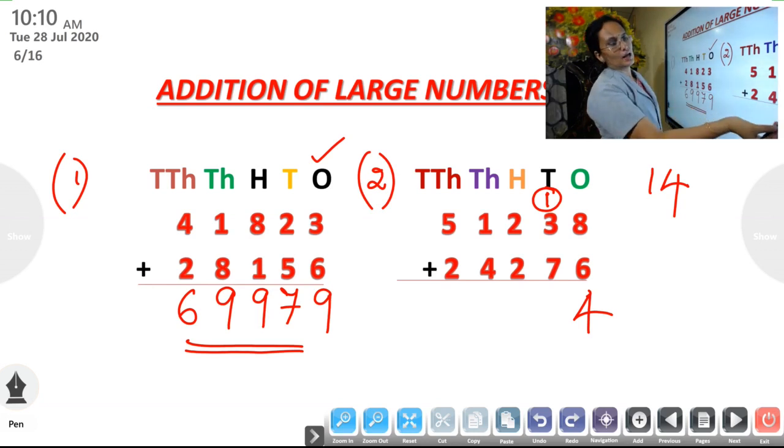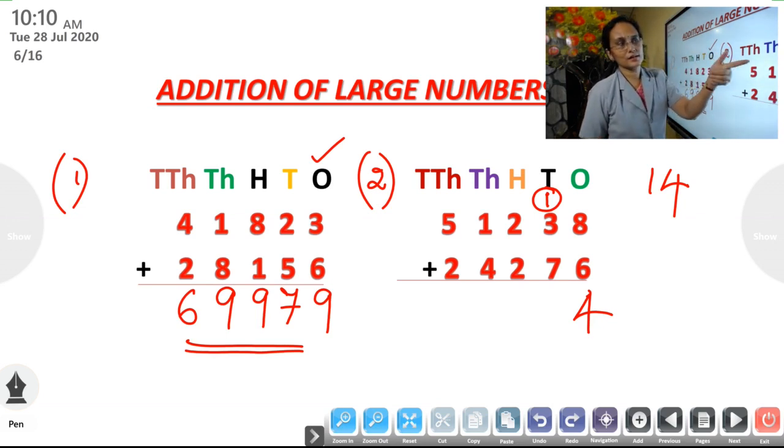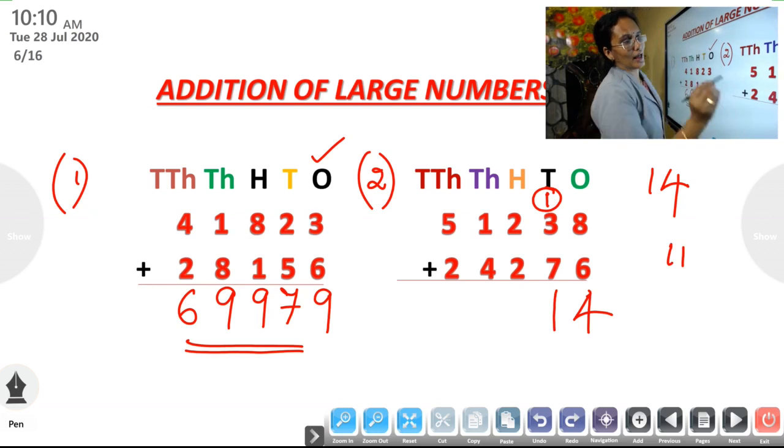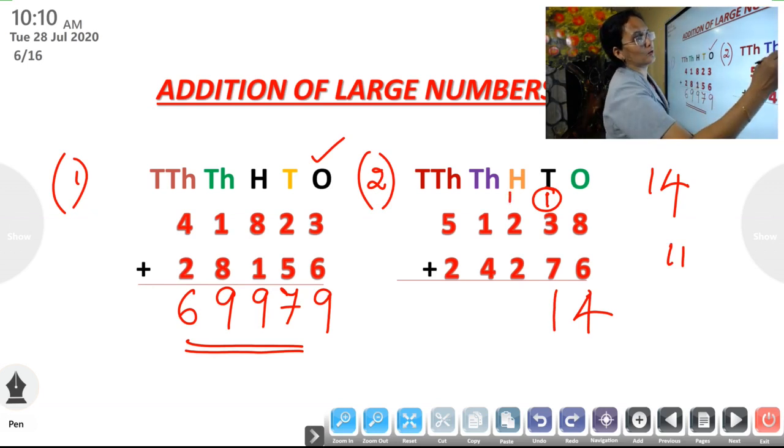Then I am starting from the largest number 7. 7 plus 3. 7 in your mind. 7, 8, 9, 10. 7 plus 3 is 10 plus the carryover 1. So that becomes 11. 11, what you will write? You write only 1 there. Again, you get 1 carryover in the hundreds place.